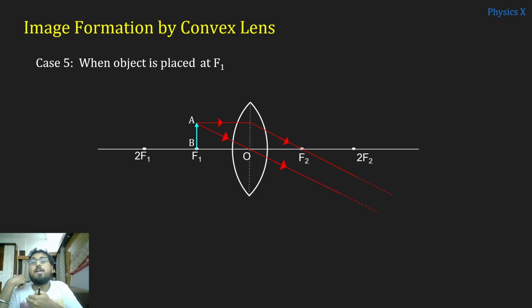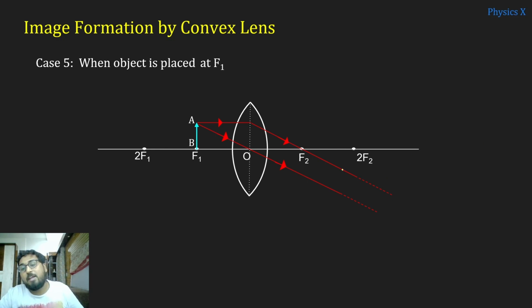So we call it a real image only. Why? Because these are not a back trace. You can see that we are not marking these rays of light behind the lens or behind the mirror. These rays of light are still on the observer side and they tend to meet somewhere at infinity.